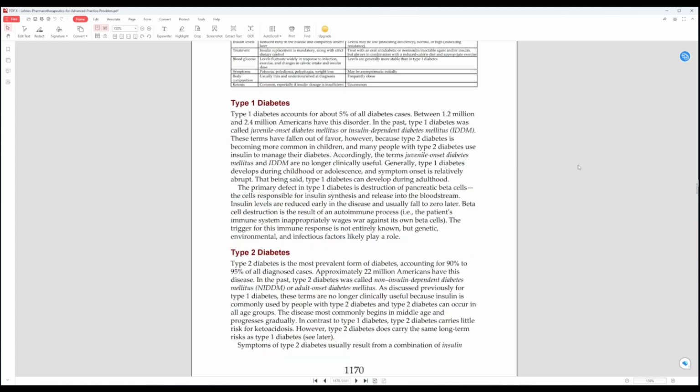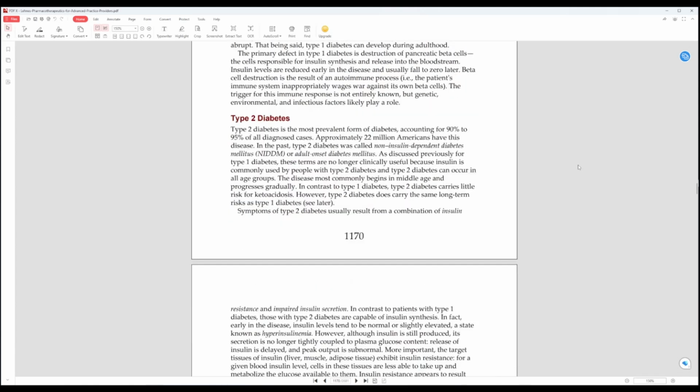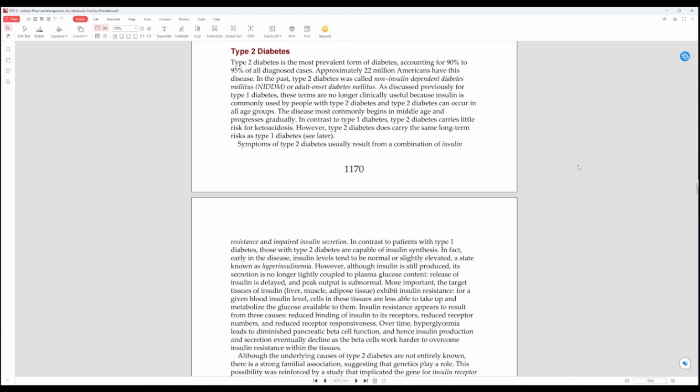Which brings us to type 2 diabetes. Type 2 diabetes is the most prevalent form of diabetes, accounting for 90% to 95% of all diagnosed cases. Roughly 22 million Americans have this disease. In the past, type 2 diabetes was called non-insulin dependent diabetes or adult onset diabetes mellitus.